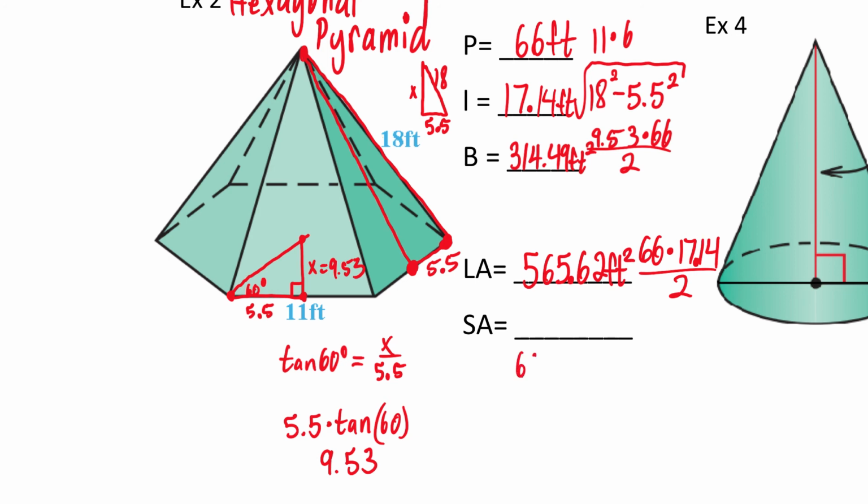And then for total, it's PL divided by 2 plus B. What does that give you? Okay, 880.11 square feet.